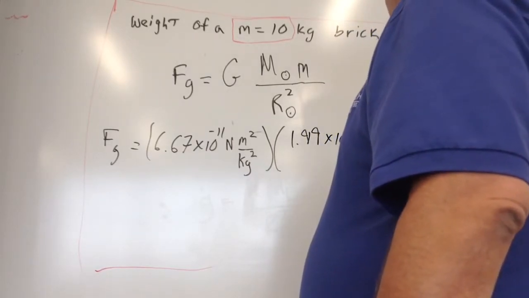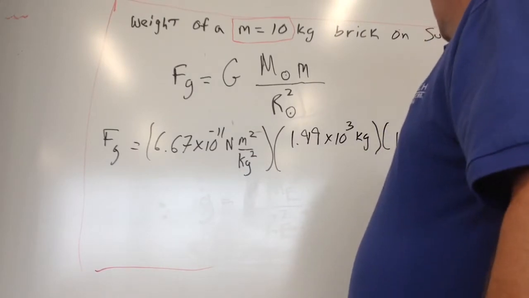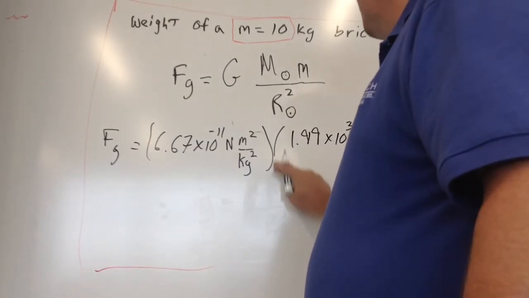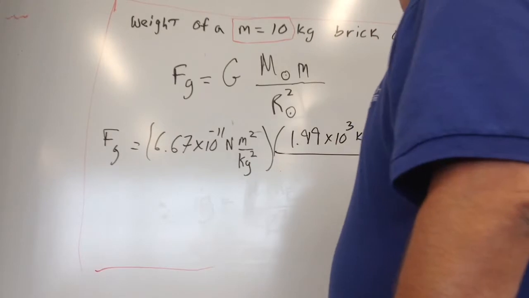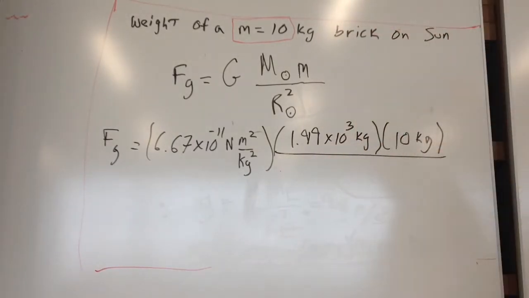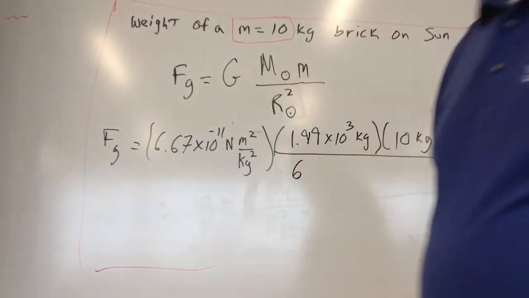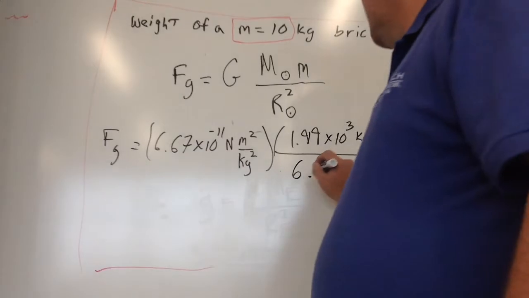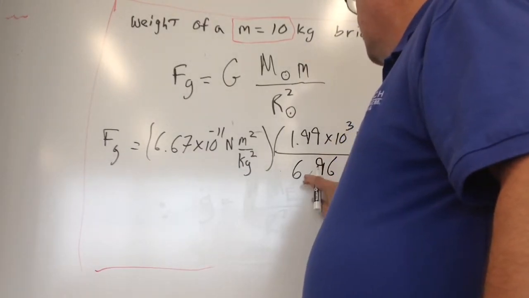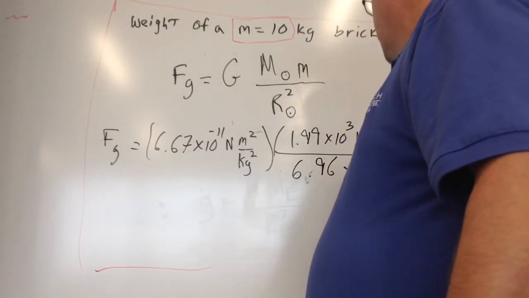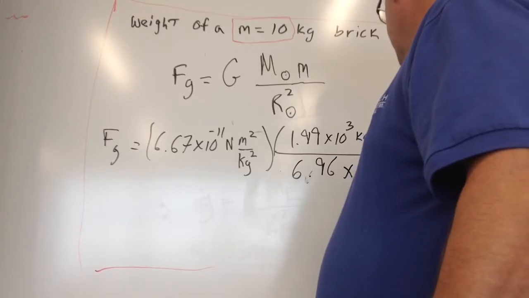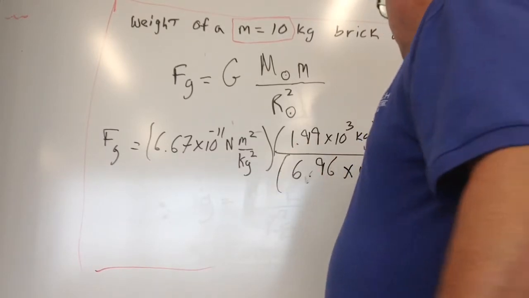Mass of my brick is 10 kilograms as usual. We're going to divide all that by the radius of the sun squared. 6.96 by 10 to the 5. That's in kilometers. So that's going to be 10 to the 8 meters. And we're going to square that one.